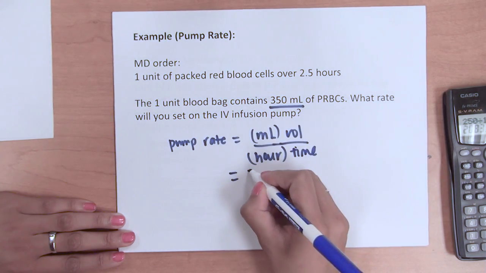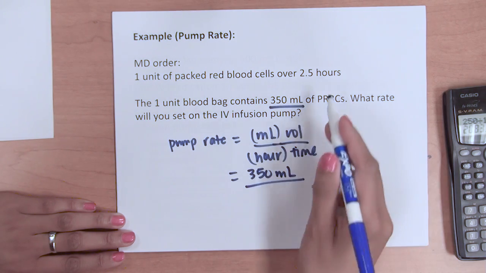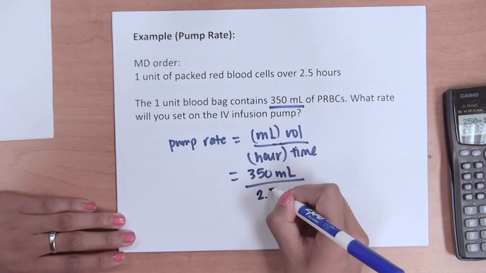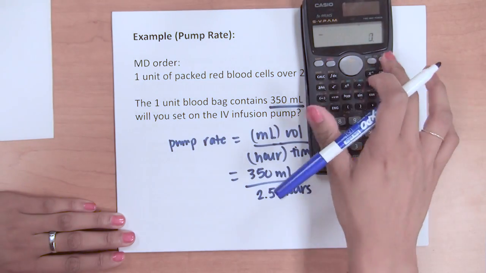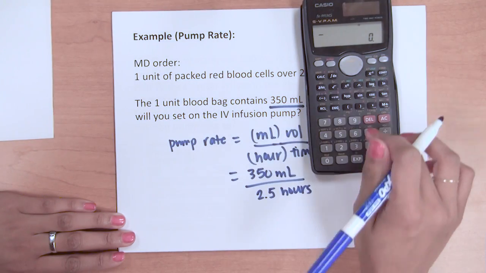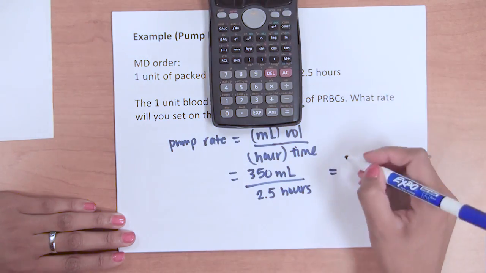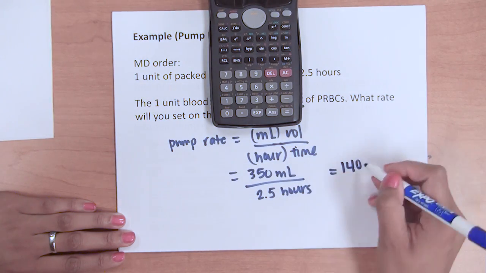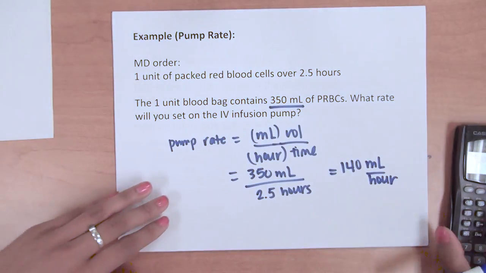So our volume is 350. So we're only doing 1 unit of blood over 2.5 hours. This is going to equal 350 divided by 2.5. 140 milliliters per hour is what we're going to enter into the pump.